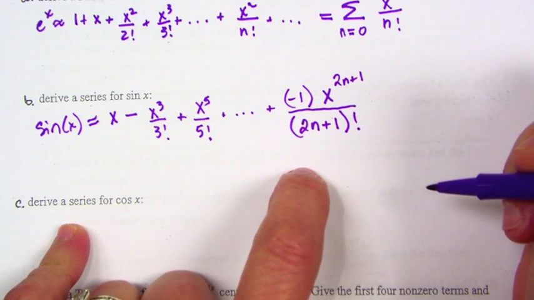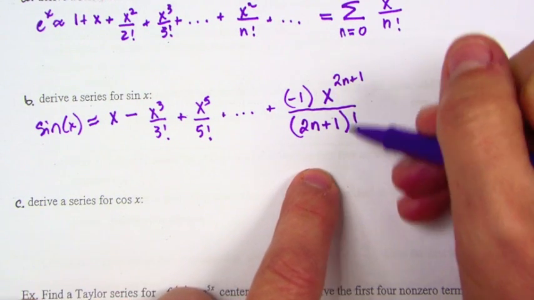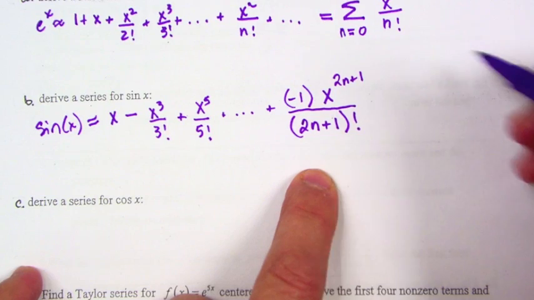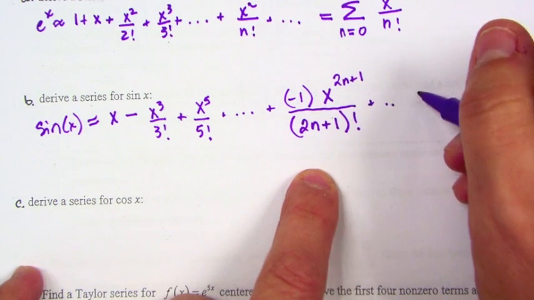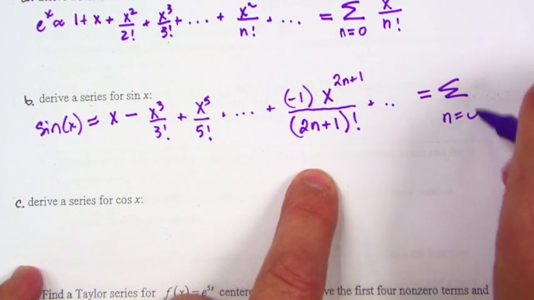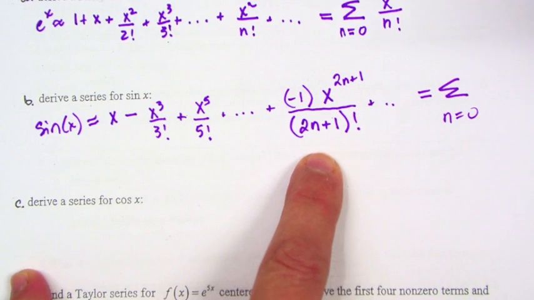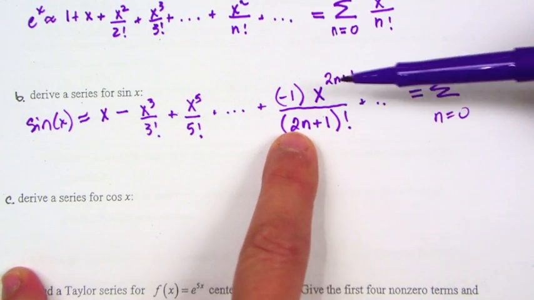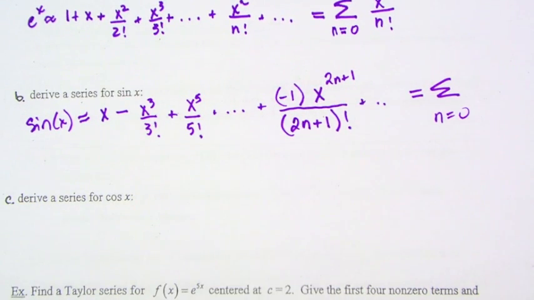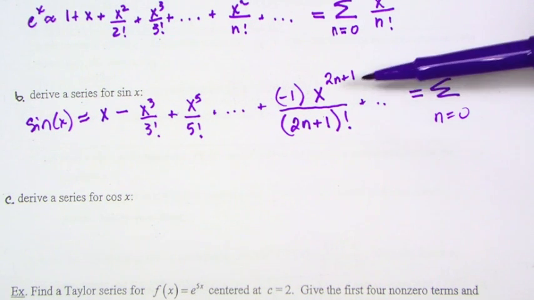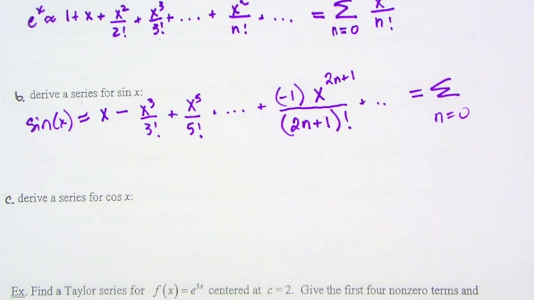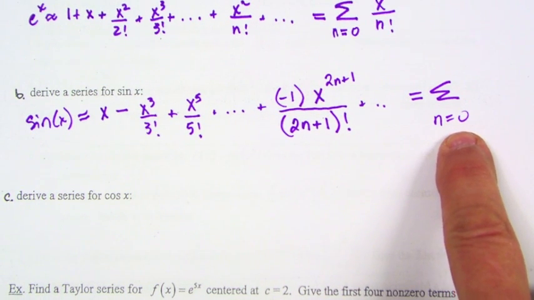And where am I starting this if this is the case? 0. It starts at 0, so that might help you get going with what I need to have on the negative 1. I need the first term to be positive, and it's going to start at 0.